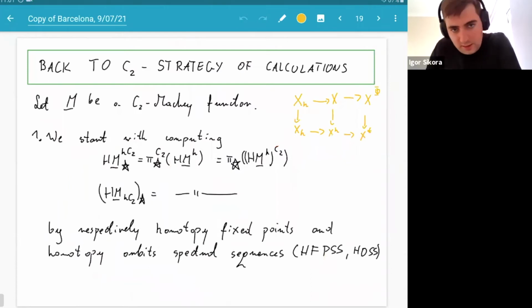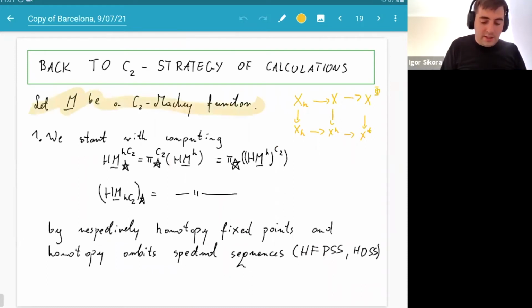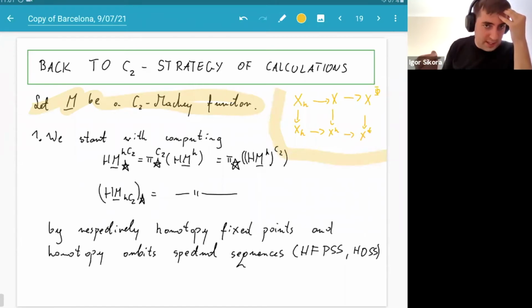Now let's take a look at the strategy, how we are going to proceed with the calculations. Let M be an arbitrary C2 Mackey functor. Here we have just a reminder of how the Tate diagram looks. Our first step will be to compute these two entries, so the coefficients of the Borel completion and the coefficients of the free C2 spectrum.